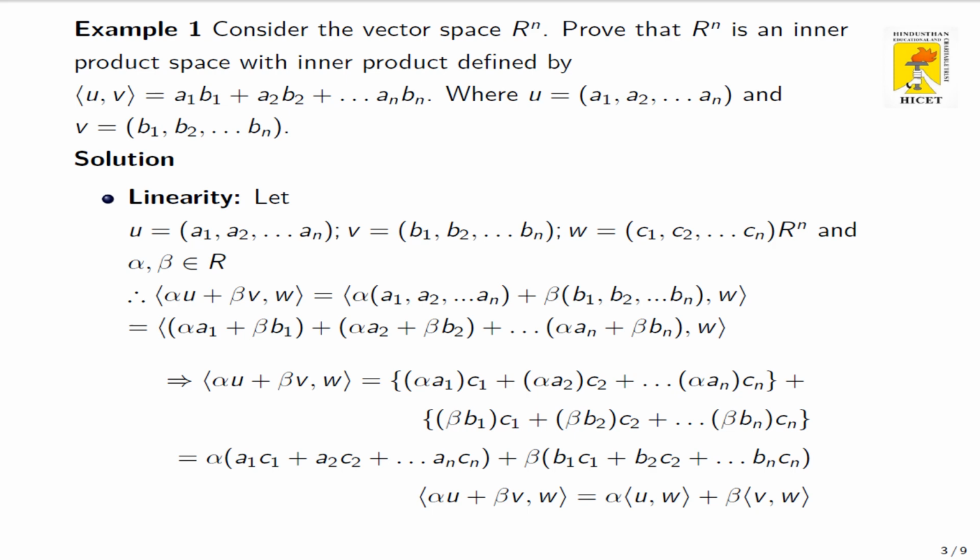Next, using the multiplication, collecting the alpha terms and beta terms separately, which gives alpha into a1 c1 plus a2 c2 up to an cn plus beta into b1 c1 plus b2 c2 plus up to bn cn, which is equal to, again by definition, inner product of alpha u plus beta v comma w equal to alpha into inner product of u comma w plus beta into inner product of v comma w. The above function satisfies linearity.